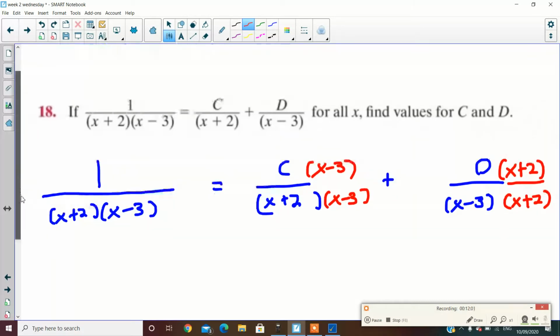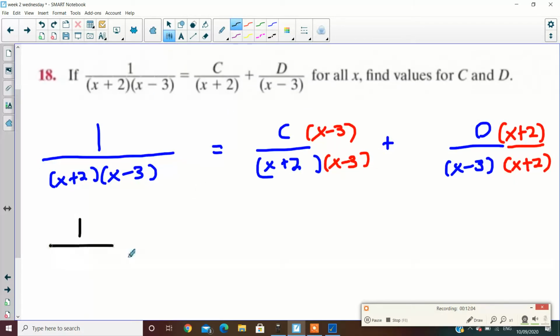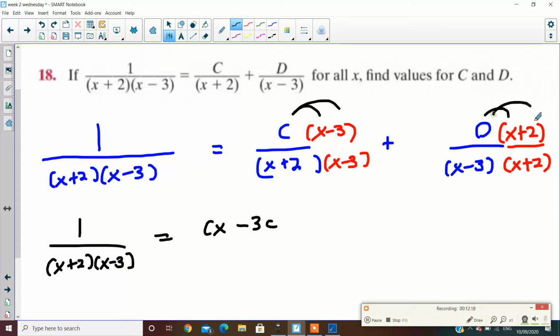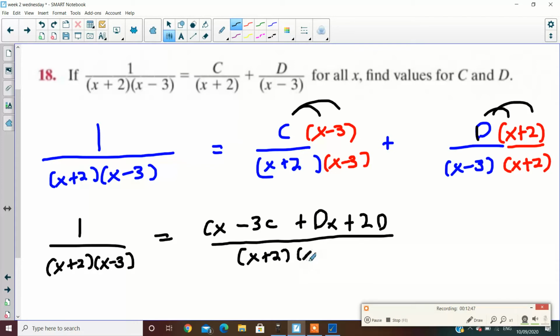Next line after that. See the way the one's on its own on the left.